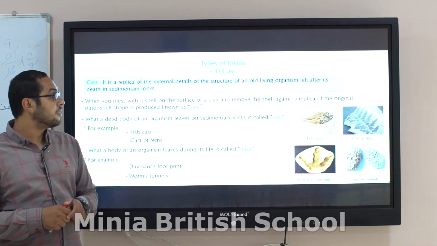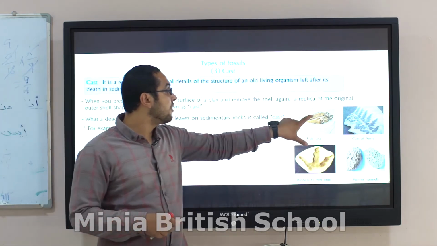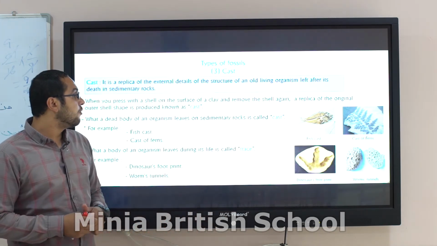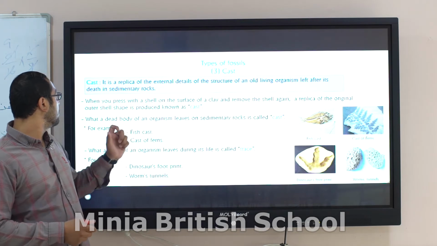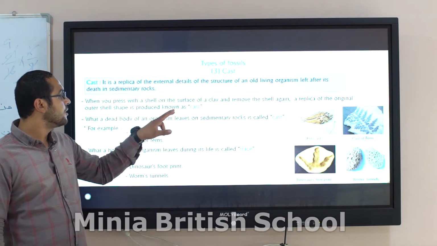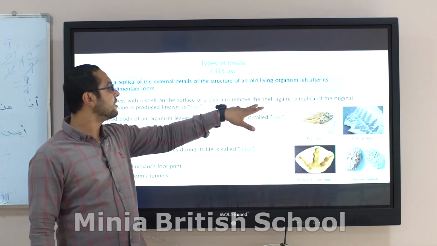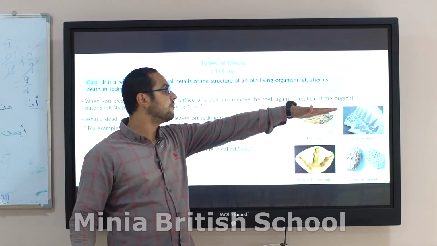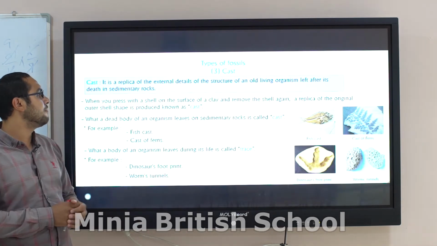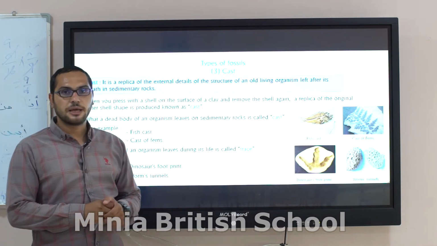You can find that the external details are formed. So when you press a shell on the surface of clay and remove it, a replica of the original outer shell shape is produced, known as a cast.